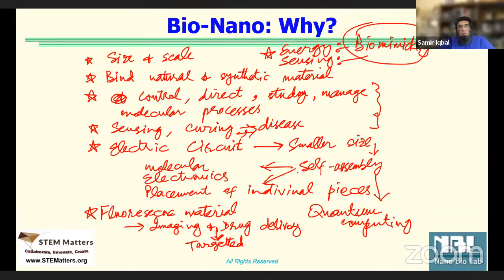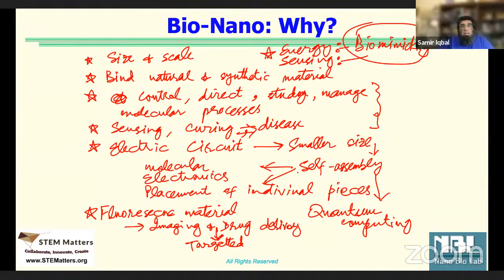When we say we learn from living systems, there are electric circuits, or computing also, where we are using self-assembly in areas like molecular electronics or quantum computing, where we want to place small things at specific places so we have the capability of computing.